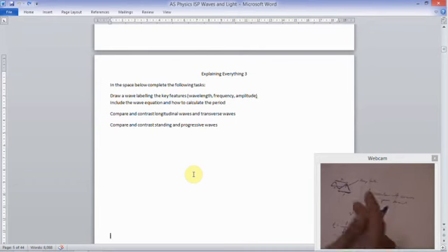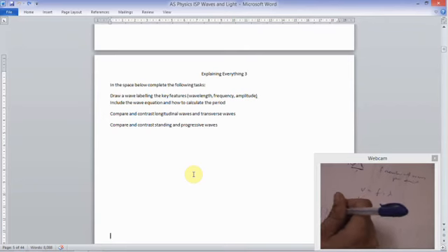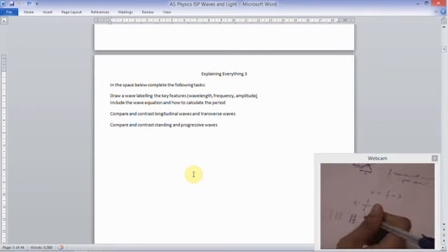It's nice and straightforward. Right, compare and contrast longitudinal and transverse waves. So remember transverse waves, longitudinal waves, let's go with first. Areas of compression and then areas of rarefaction where they're spread apart. Ignore this bit that I've scribbled out over here.